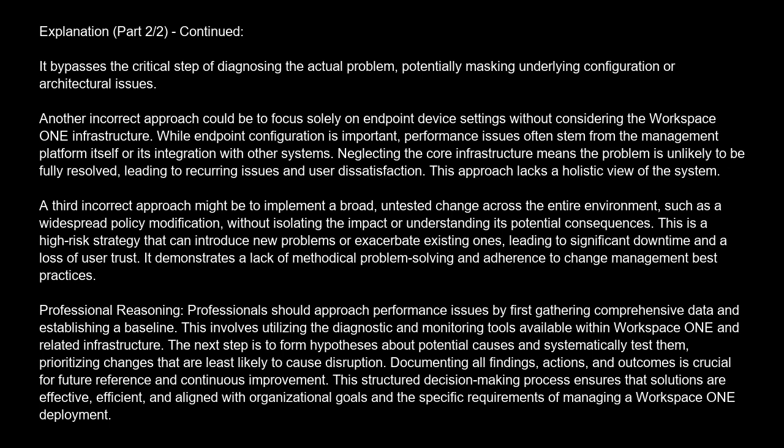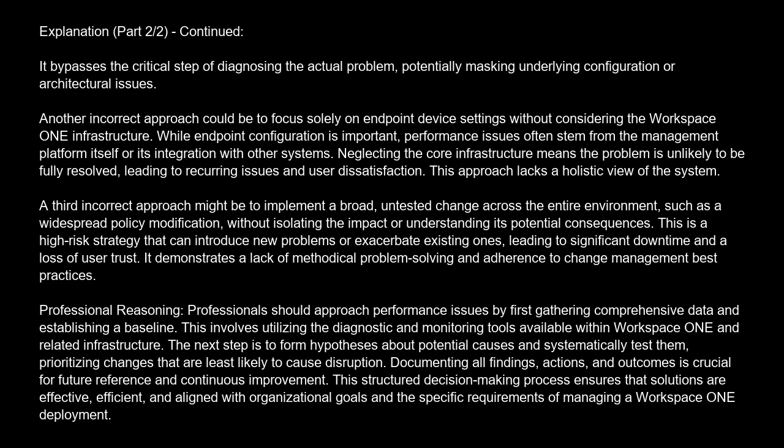Another incorrect approach could be to focus solely on endpoint device settings without considering the Workspace ONE infrastructure. While endpoint configuration is important, performance issues often stem from the management platform itself or its integration with other systems. Neglecting the core infrastructure means the problem is unlikely to be fully resolved, leading to recurring issues and user dissatisfaction. This approach lacks a holistic view of the system.